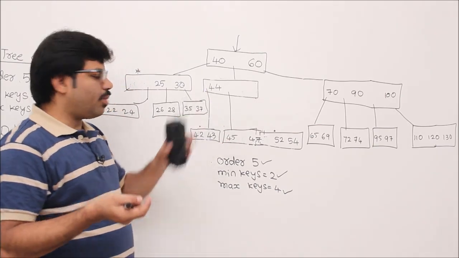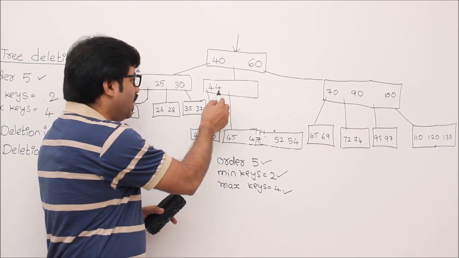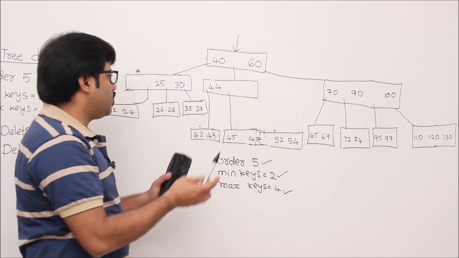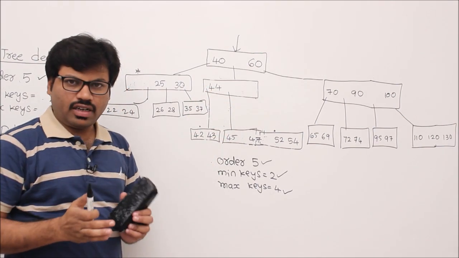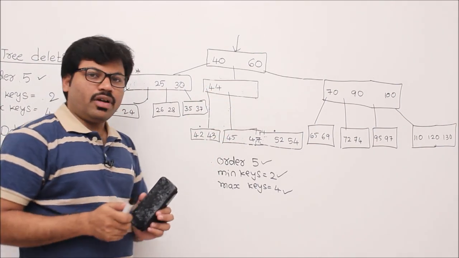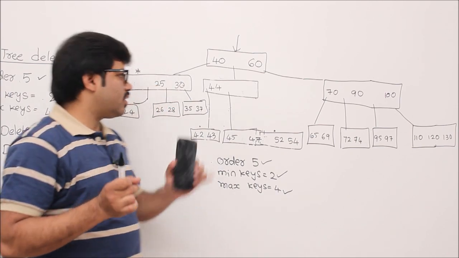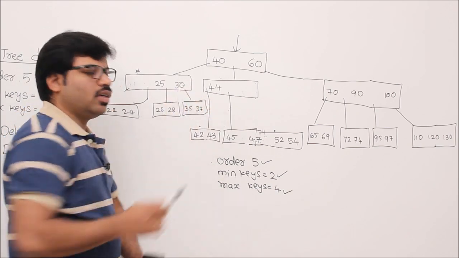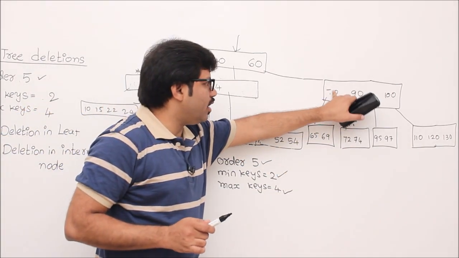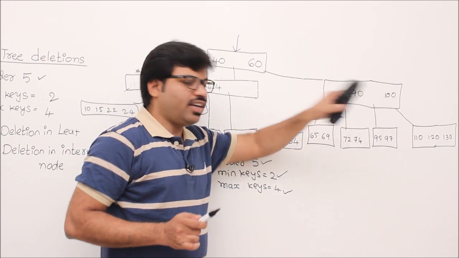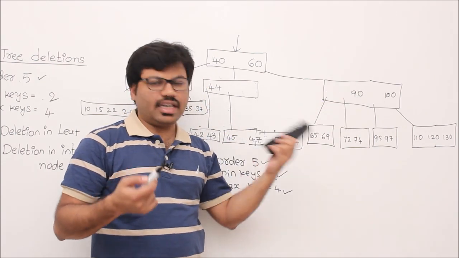Here the keys and pointers are properly adjusted. That means we have one key and two pointers, correct? But if the problem is deletion in an internal node, then you are just losing the key but you still have pointers. At that time we should deal with it in a separate way.